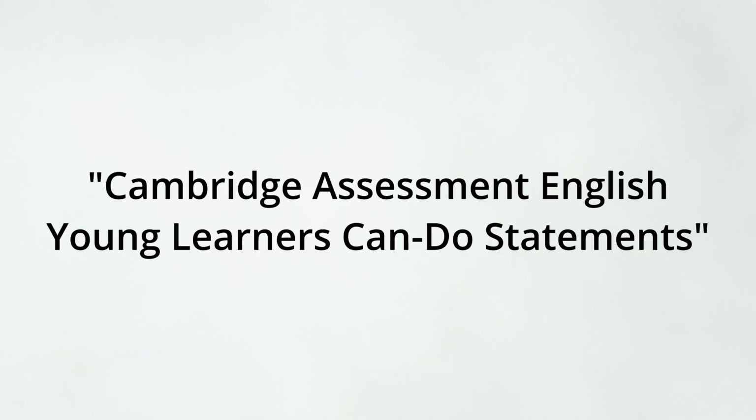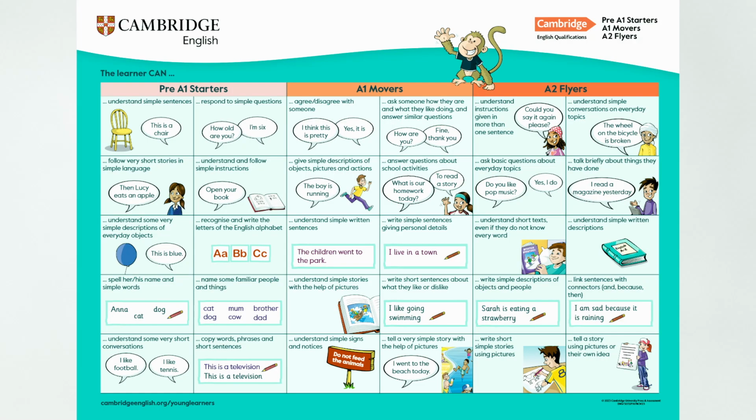To differentiate for language ability, you first need to understand what learners at each proficiency level can do. My favorite reference for English language levels comes from Cambridge Assessment English. If you Google the following, Cambridge Assessment English Young Learners Can Do Statements, you should be able to find a PDF document with descriptions of what learners can do at the pre-A1, A1, and A2 level for all four skills.